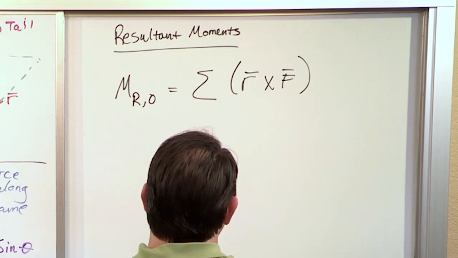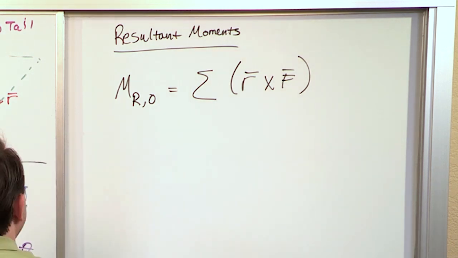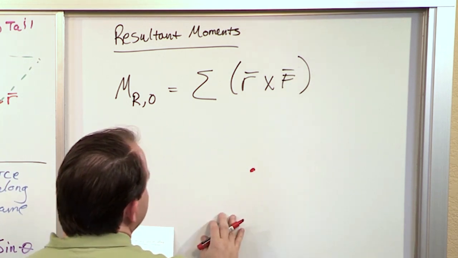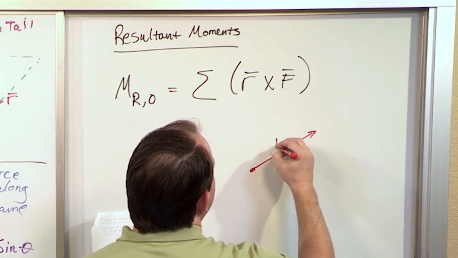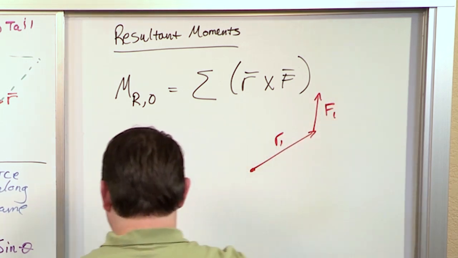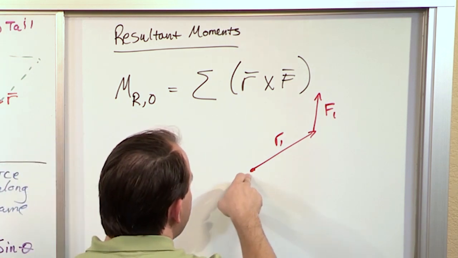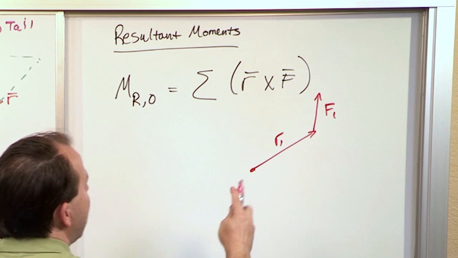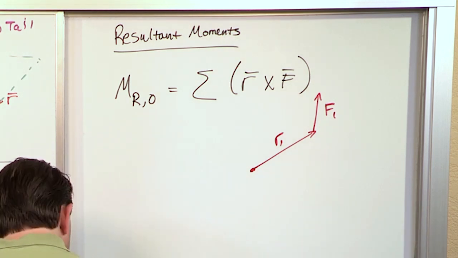And basically, you figure out what the resultant moment's going to be. So for instance, if I have a point here, and I may have some R, and then here I may have some F, let's call it R1 and F1, I can certainly figure out what's the moment about this point, R1 cross F1, right?